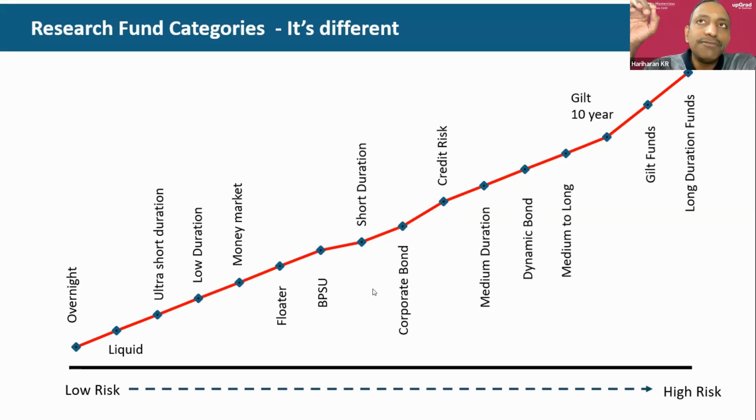Value funds are funds which try to identify companies that are undervalued. Let me try and explain this with a cricket example, an IPL example. If you recollect, I don't recall the exact year, I think 2014 or 15, Yuvraj Singh was the most paid player in one of the years.